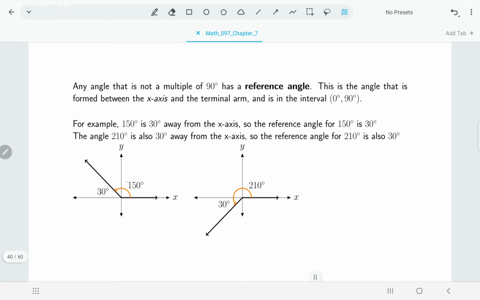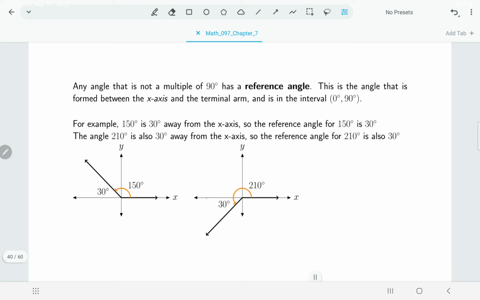For both of these angles, 150 degrees and 210, they both have the same reference angle because both of them are 30 degrees away from the x-axis. It's 180 degrees to get to the negative x-axis, and 150 degrees is 30 degrees away. Same thing with 210.